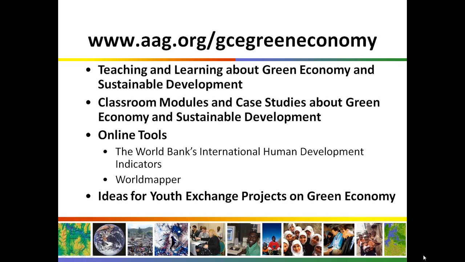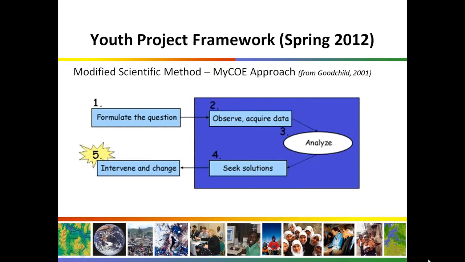So let's take just a second to look at the 5-step project. We're going to formulate a question, observe and acquire data, analyze that data, seek solutions or propose ideas, and then intervene and change or share that information so that people can start thinking differently.